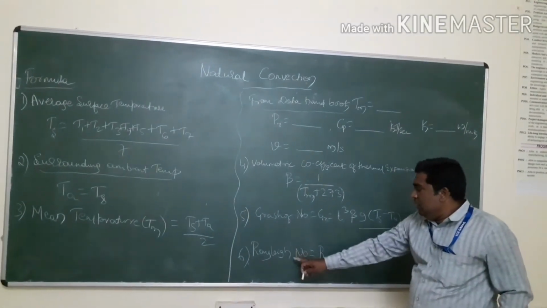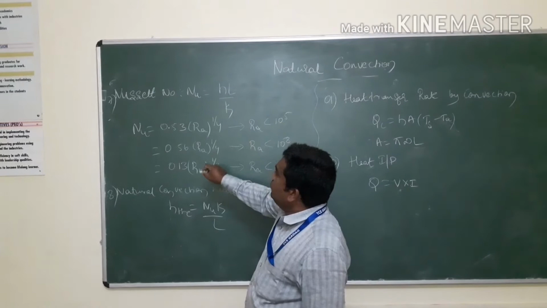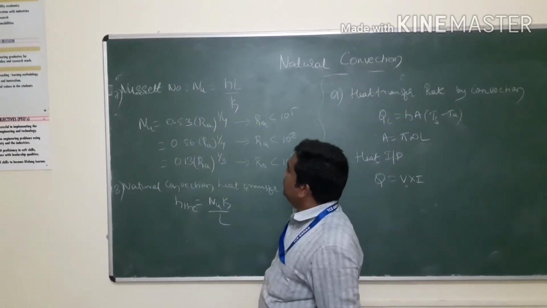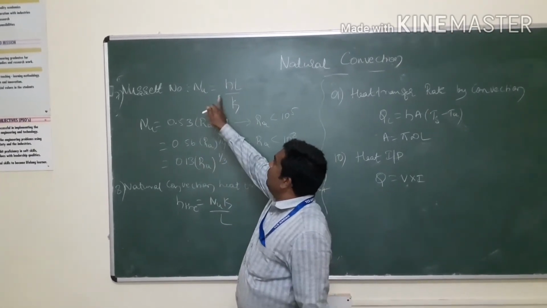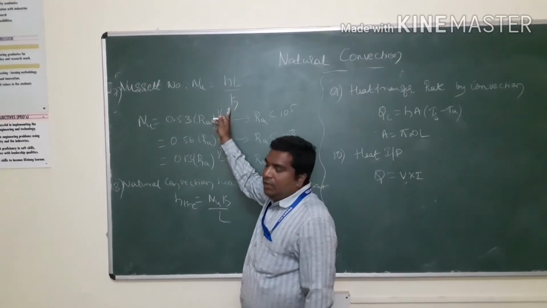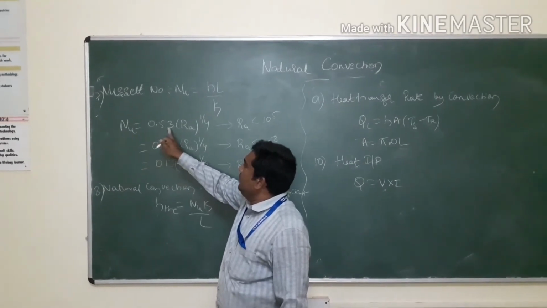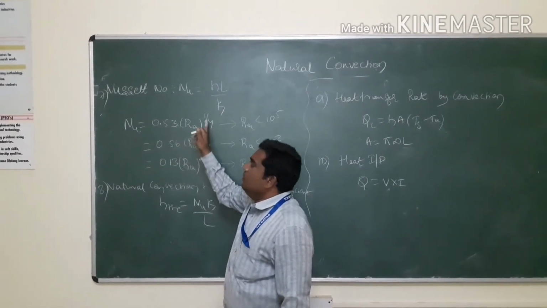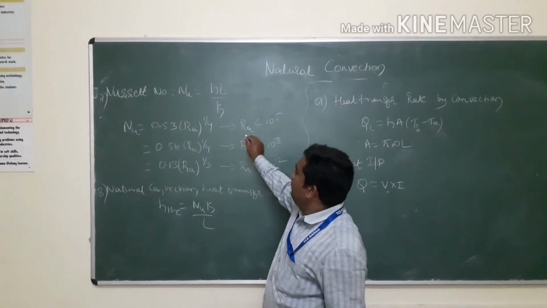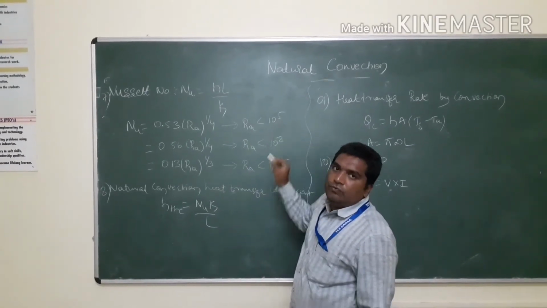Next, to determine the Nusselt number, we have one formula, h into L divided by k, and another one: Nu is equal to 0.53 into Rayleigh number to the power of 1/4 for a Rayleigh number less than 10 to the power of 5.